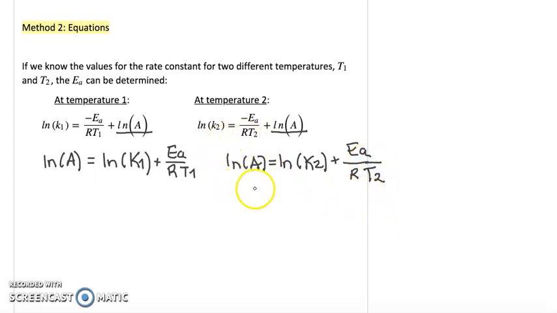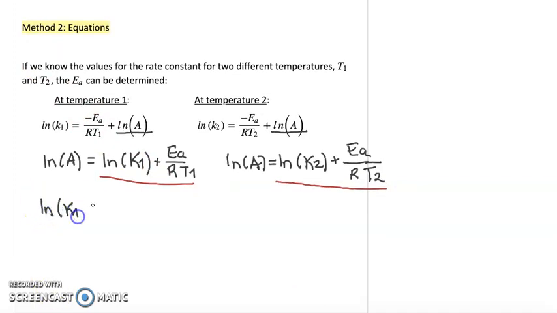What we can see is that these 2 are actually the same. So if these 2 are the same, that means that these right here have to be the same as these right here. So we actually set them equal to each other.